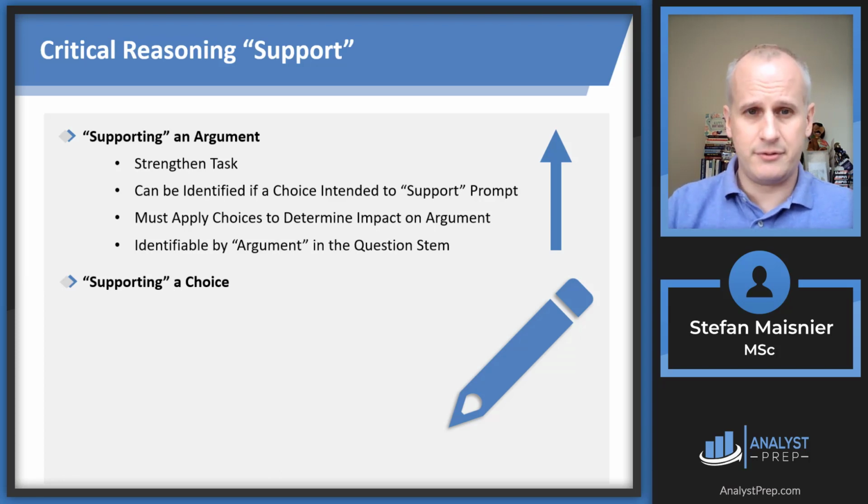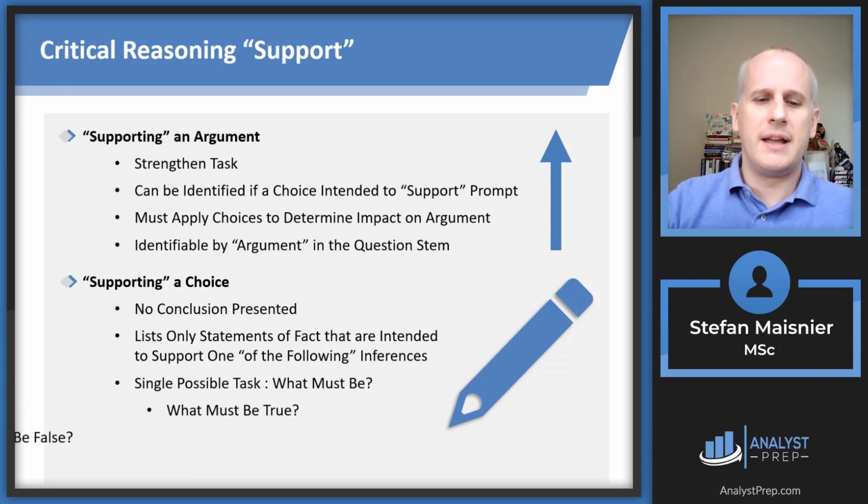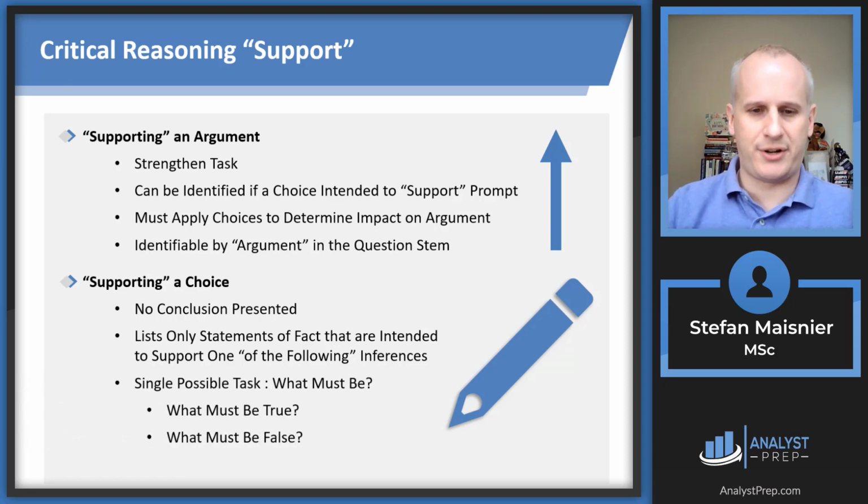The other support you can encounter on critical reasoning questions is going to be supporting a choice. And this is when you have no conclusion presented and you only have statements of fact that are intended to support one of the following inferences. You may not see the term inference literally, but you will frequently see the phrase of the following. And you're going to have a single possible task here of what must be, either what must be true or what must be false.